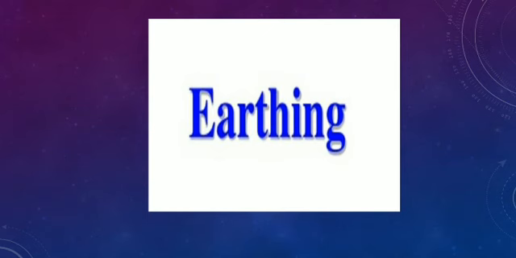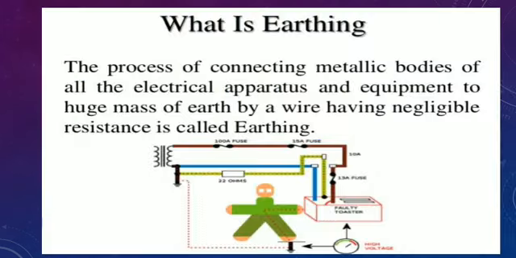Next, earthing. So what is earthing? The process of connecting the metallic bodies of all the electrical apparatus and equipment to the huge mass of earth by a wire having negligible resistance is called earthing.